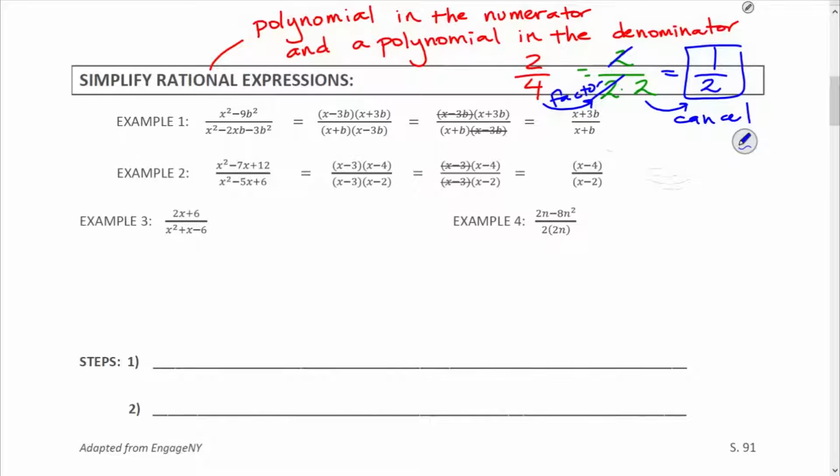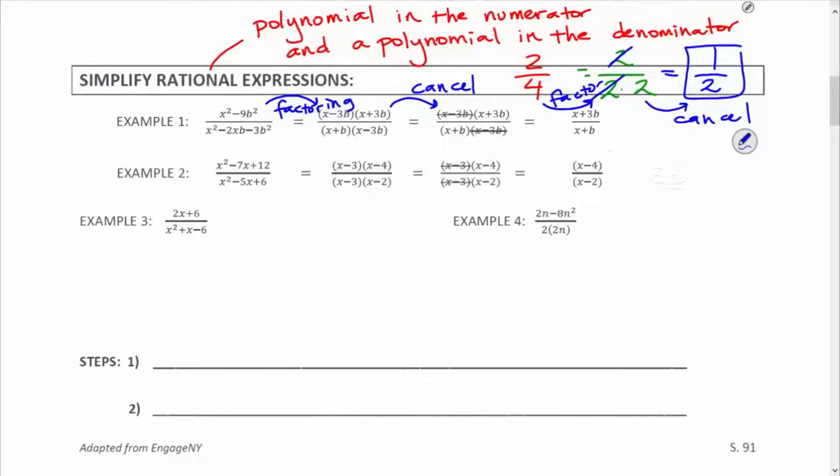Let's look at example 1 and example 2. It looks like in example 1, we're given this rational expression. I have a polynomial on top and a polynomial in the denominator. And then this is factoring. They factor the numerator and the denominator. And then we canceled common factors.